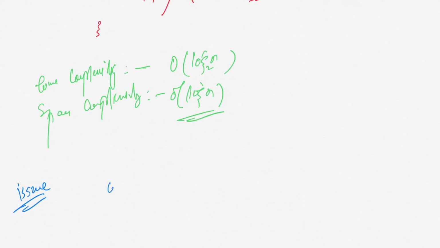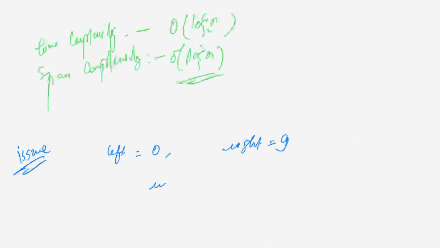So here we have left. We are maintaining the left index and we are maintaining the right index, like 9, and we are trying to calculate left plus right, divided by 2.